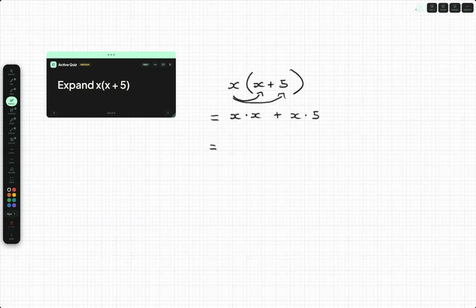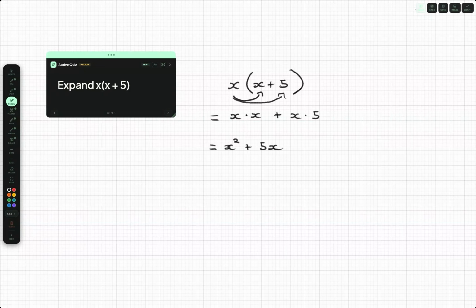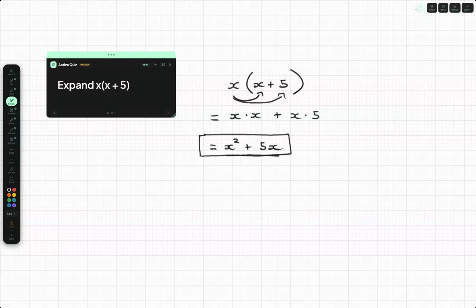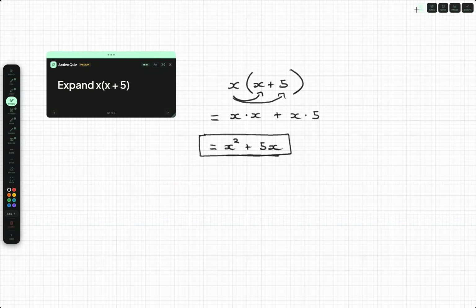X multiplied by x is x squared plus 5x. And another thing to look at when we are doing this is to look for any opportunities to simplify or add like terms. That's our first answer. So if you didn't remember how to multiply two of the same pronumerals, that's how it's done.